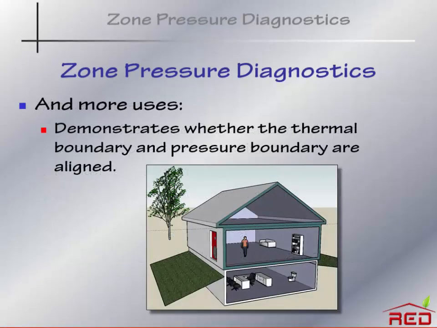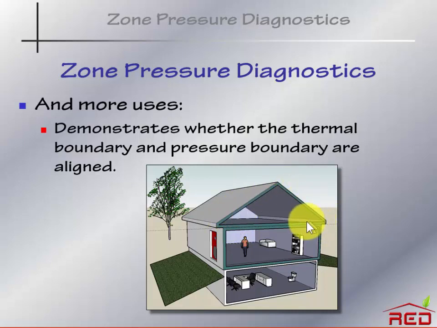The final objective for ZPD that comes to mind is that it demonstrates whether the thermal boundary and the pressure boundary are aligned. For example, in this illustration below, generally we would insulate this attic floor to this unconditioned attic. We would want to find that this is the better of these two pressure boundaries.